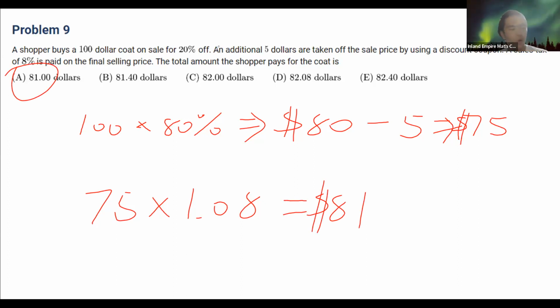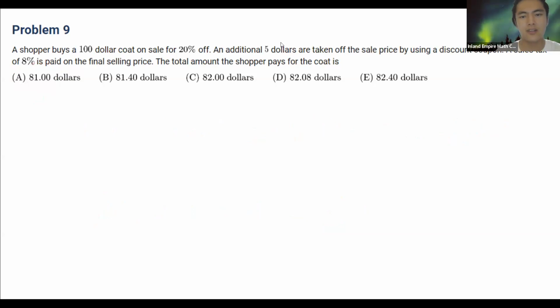Okay, Ricky. This question might look a little tough, but it's really just percentages. You have a $100 coat for 20% off. If it's 20% off, that means you're only paying 80% of the price, so you multiply by 80%. In case you don't know how percentage multiplication works, 80% is equivalent to 0.8.